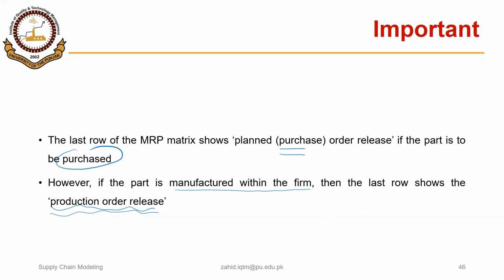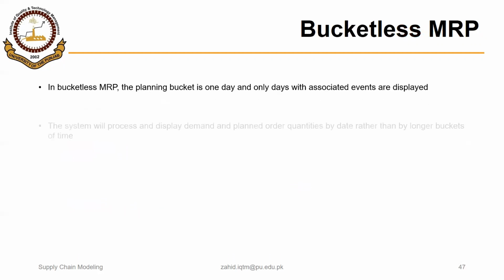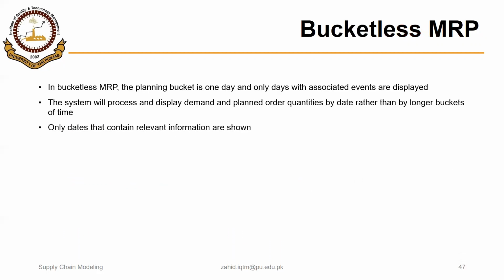So how could you incorporate time periods that are not whole numbers of 1 week, 2 weeks or 3 weeks? Practically, what is in more common use is bucketless MRP. So we don't consider time buckets, neither in terms of days nor in terms of weeks.